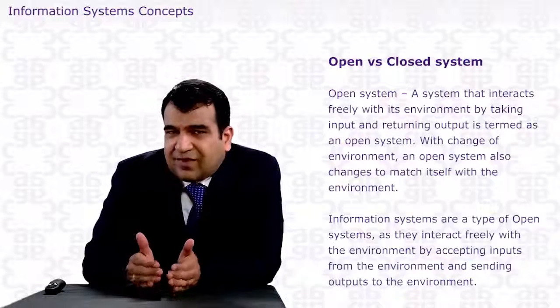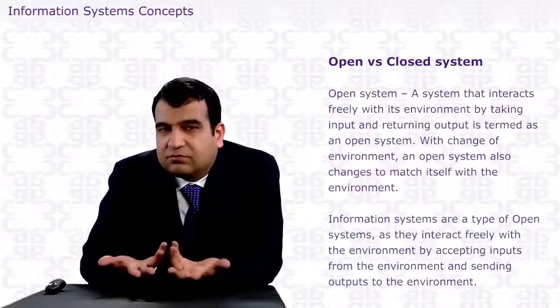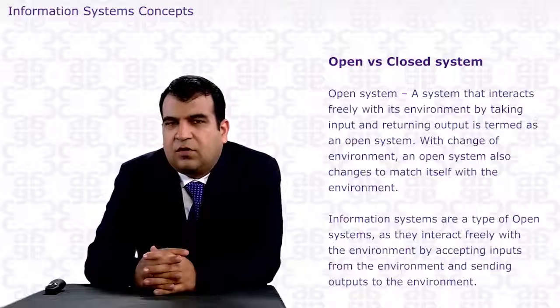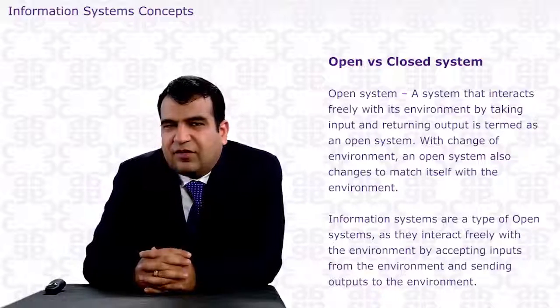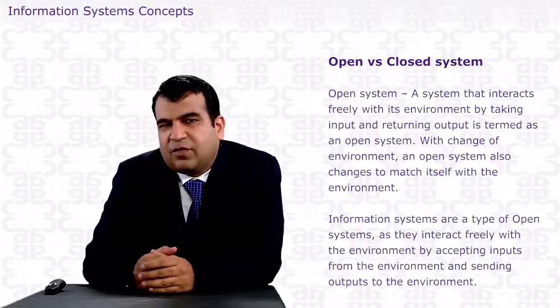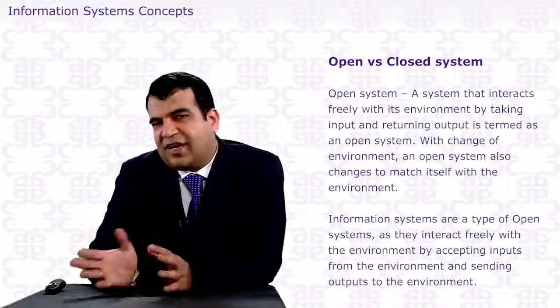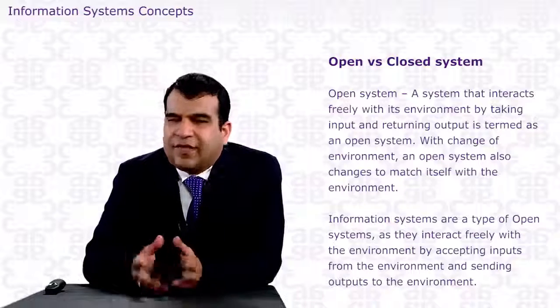Are these suppliers and customers part of our organization? No. But that does not mean we do not interact with people outside. We need them. We require support from them. So these people are outside our system, but when we interact freely with them, that system is known as an open system.